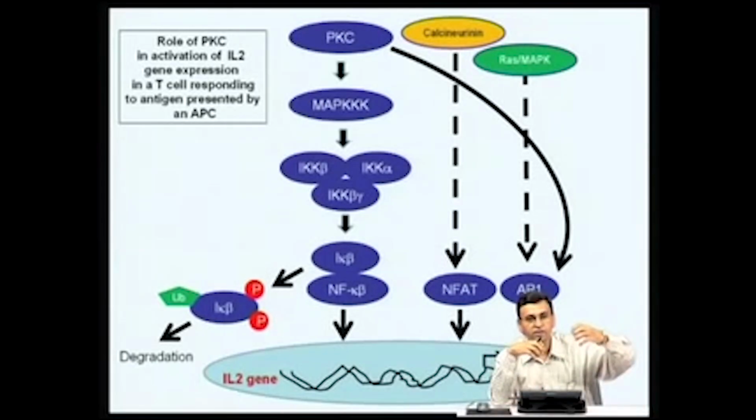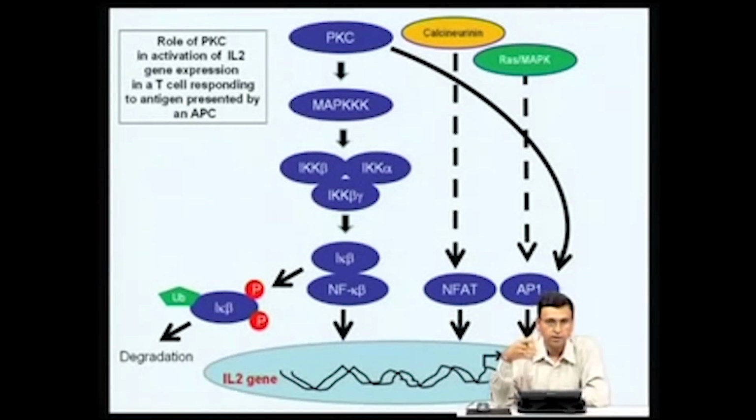The APC containing the antigen bound to the MHC molecule, when it docks with the T cell, results in the activation of the T cell and the production of cytokines like IL-2. This cartoon shows how protein kinase C plays a very important role in the activation of IL-2 gene expression when the antigen presenting cell docks with the T cell receptor.